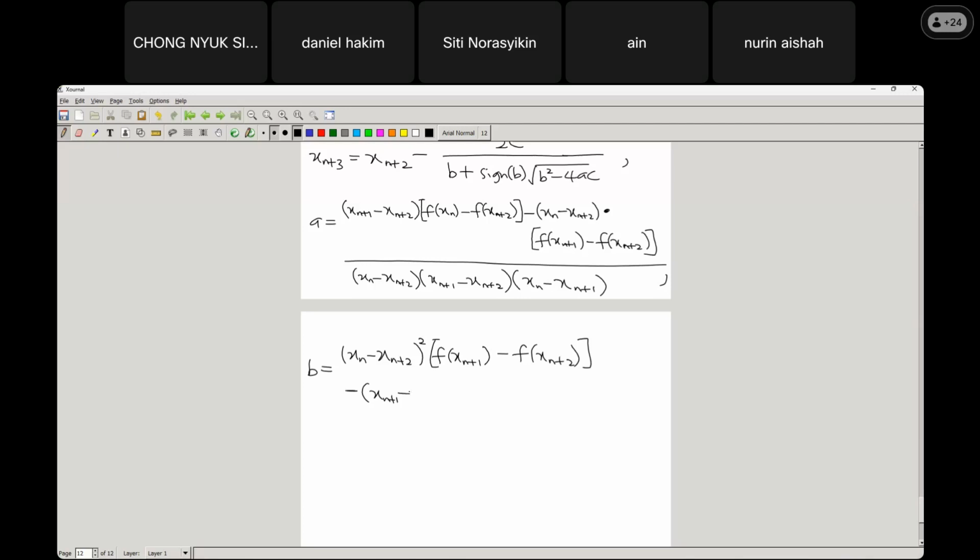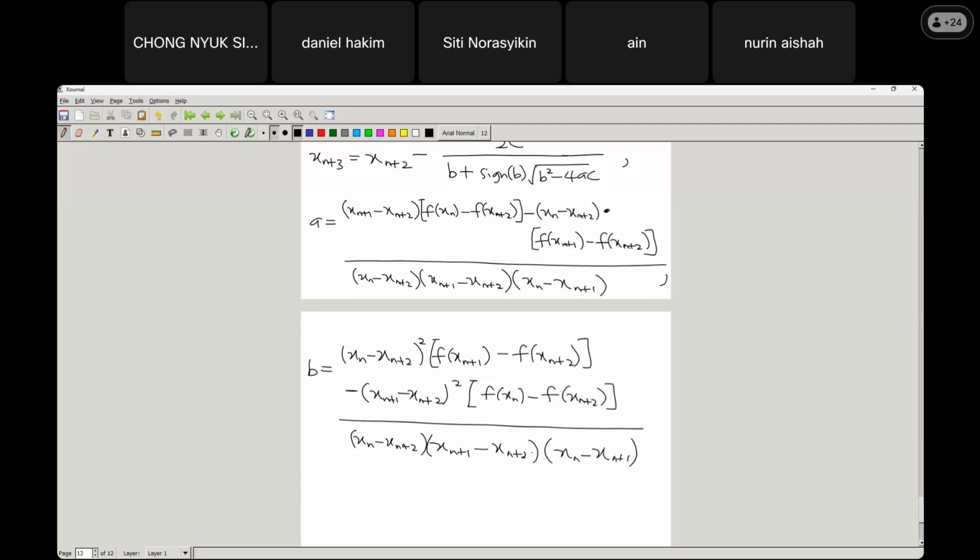Times f(xn) minus f(xn plus 2), and next we divide it by xn minus xn plus 2, multiply by xn plus 1 minus xn plus 2, and then times xn minus xn plus 1.